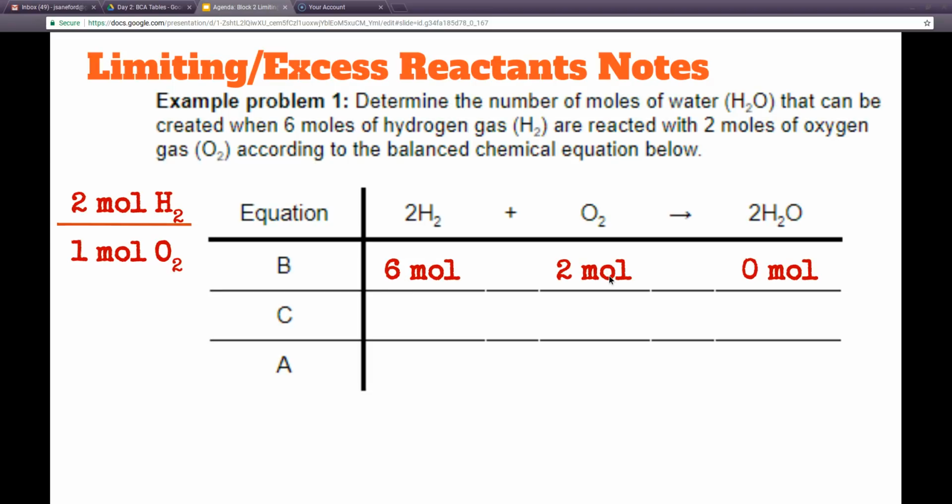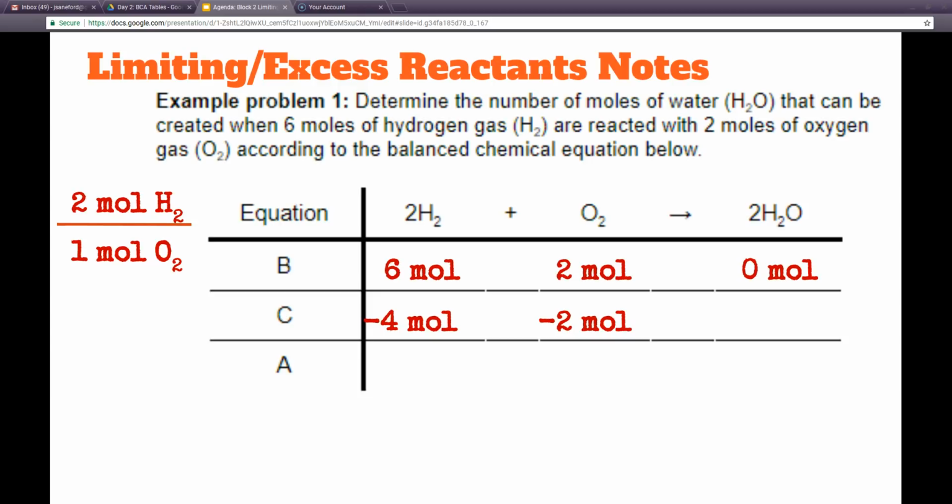Again, if we start off with 2 moles of oxygen, the mole ratio tells us to double it, so then we're going to have 4 moles of hydrogen. And for changes, reactants always go away. So if we're using all 2 moles of the oxygen, we're going to do minus 2 moles. The mole ratio tells us that that's going to react with 4 moles of hydrogen, so we subtract 4 there.